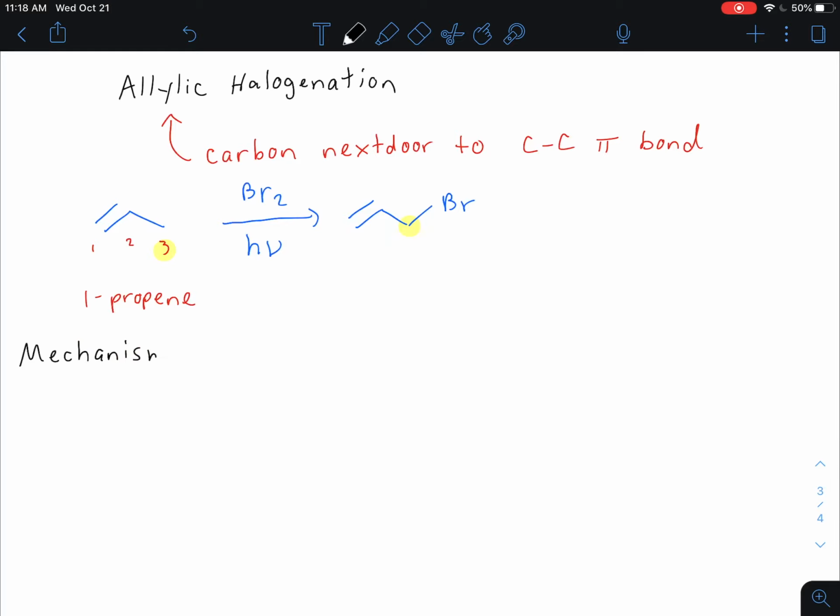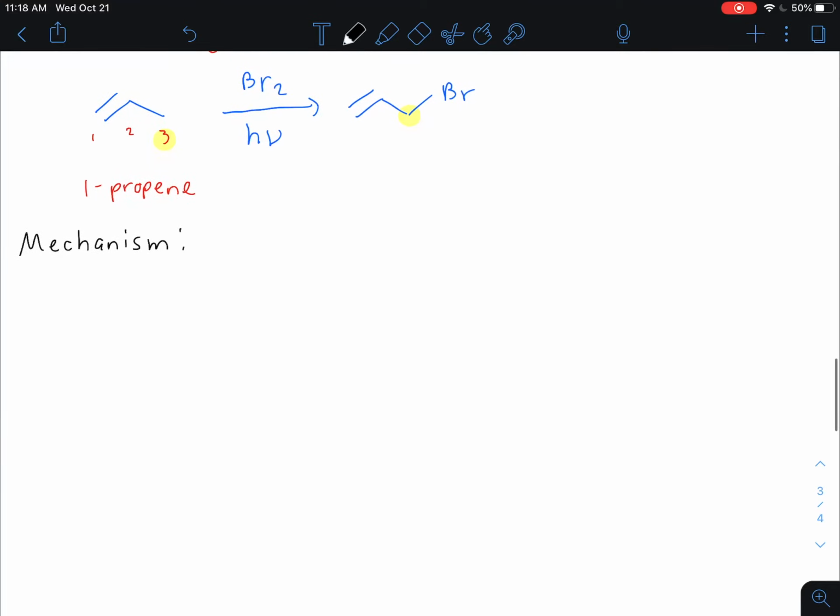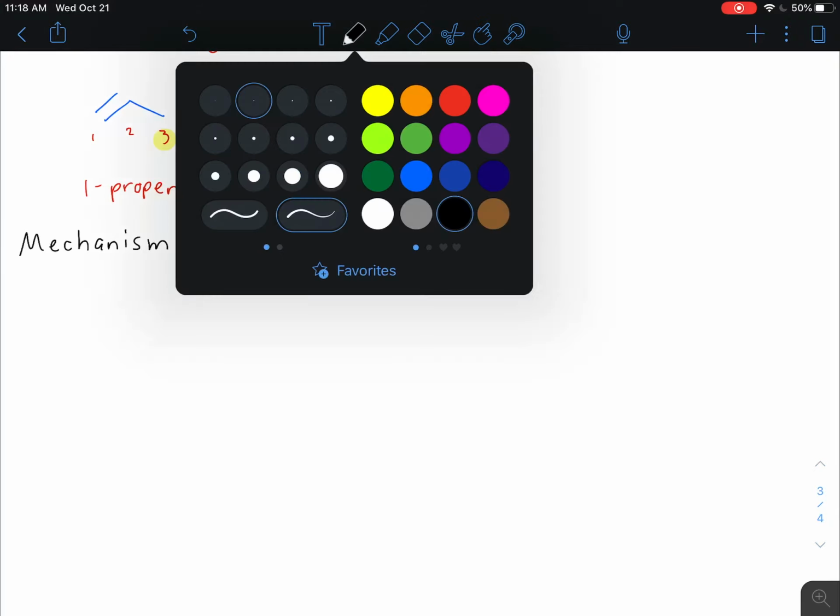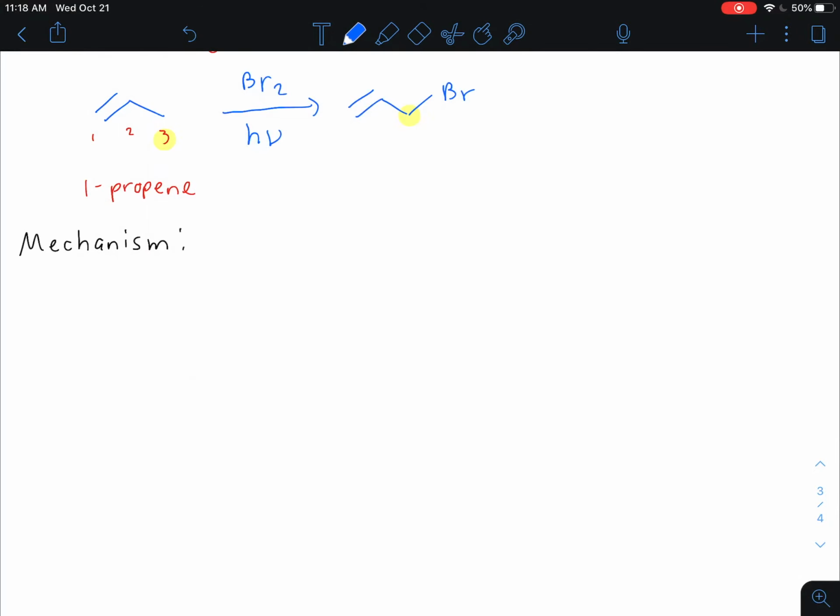So what I really want you to see as we look at these are the similarities from one reaction to the next, to see that all the radical reactions are happening in pretty similar ways. Okay, so we'll begin with our initiation, and this will actually be identical to the initiation step we saw for the previous reaction.